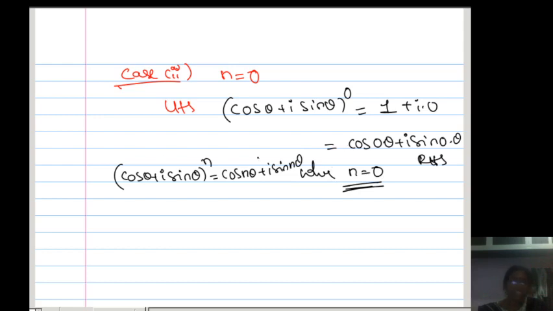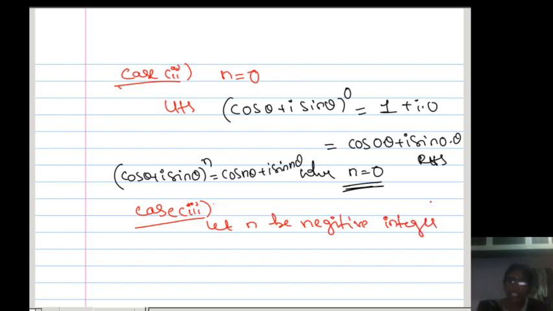Now let us prove the third one: that the given relation is true for negative numbers. Here n can be a negative integer. We discussed up to now positive integers and n equal to 0. Let n be a negative integer.